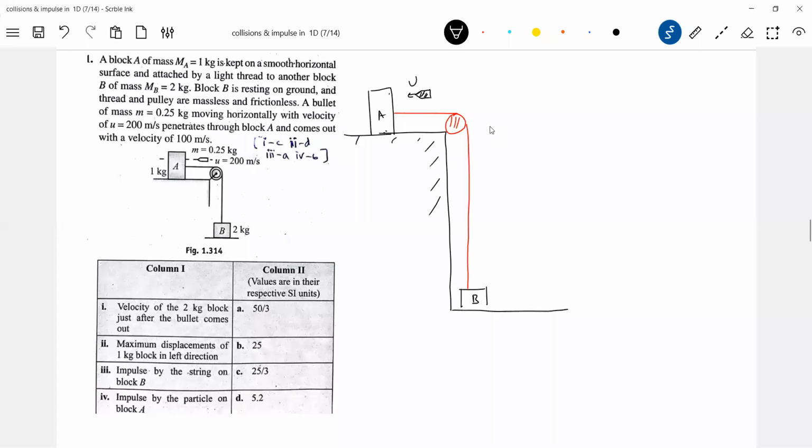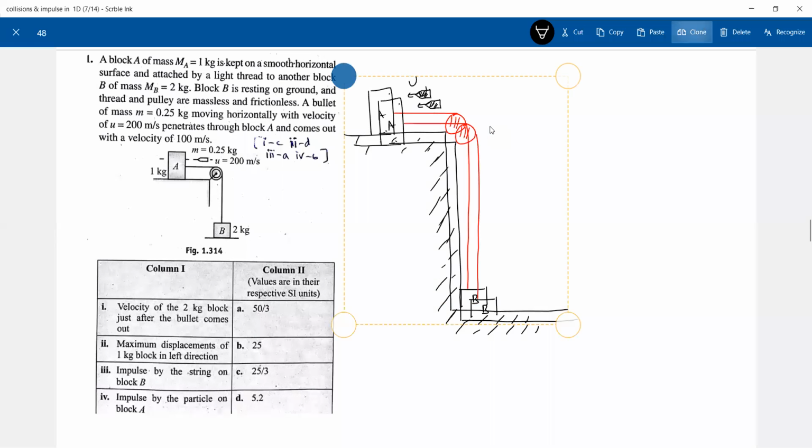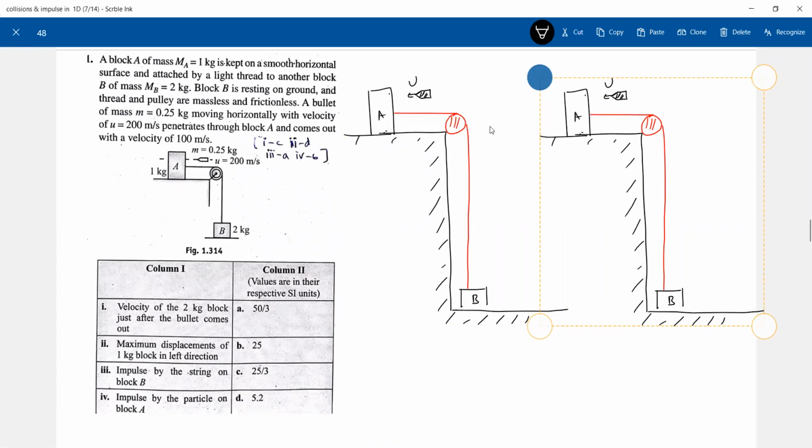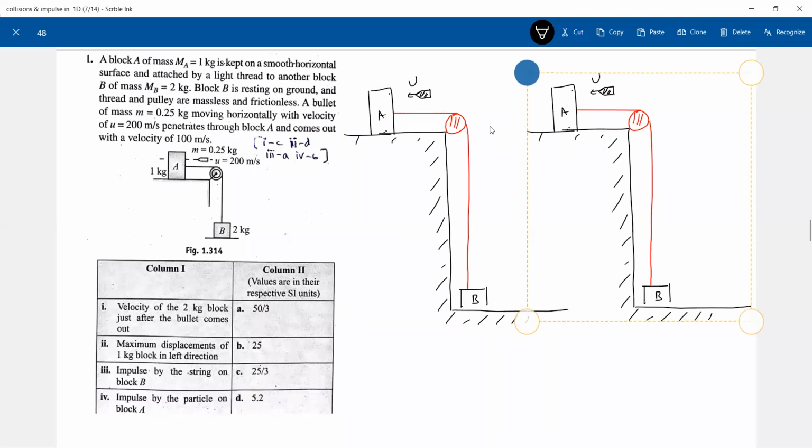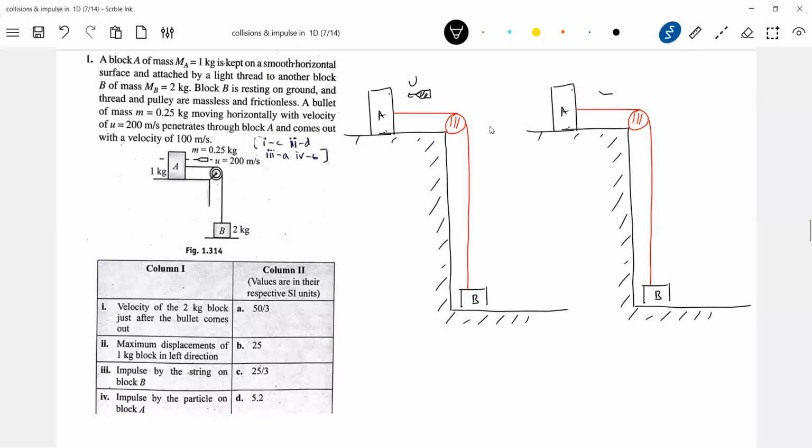The bullet will pass through the block B, block A. So till now what happened, we took all the problems where it was just getting stuck, no? So let the bullet pass through the block A. What about the impulse? Will there be any impulse on the block A?